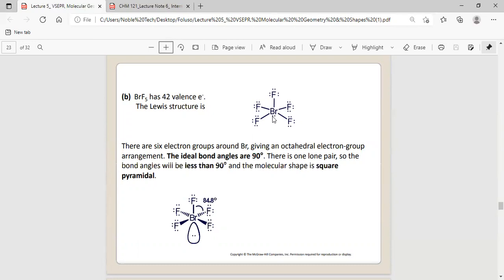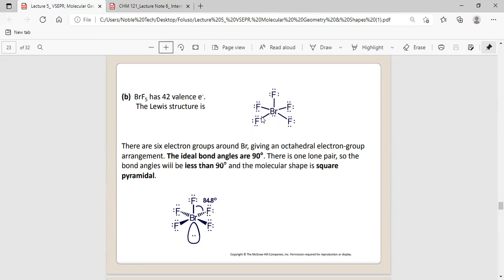The implication is that bromine is a 6-electron system, which means that it will be octahedral. Bromine has 1, 2, 3, 4, 5 bonds and this lone pair. So it's an octahedral structure, but a distorted octahedral structure, which is an AX5E.